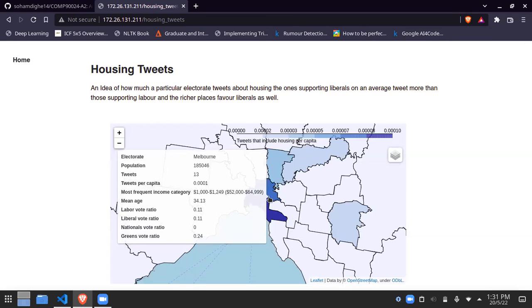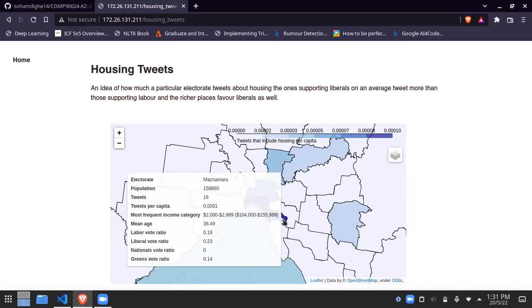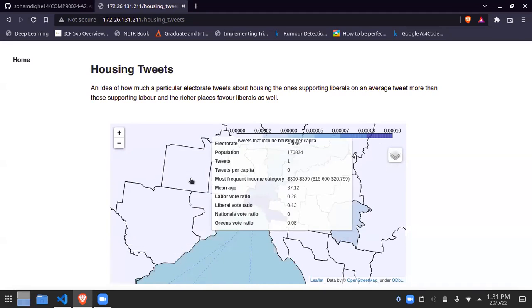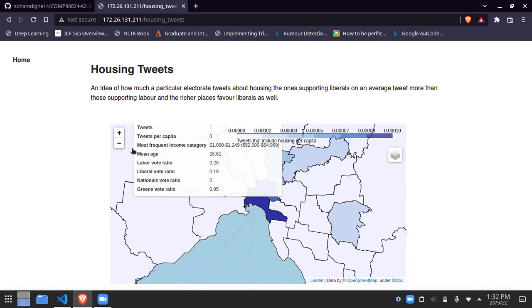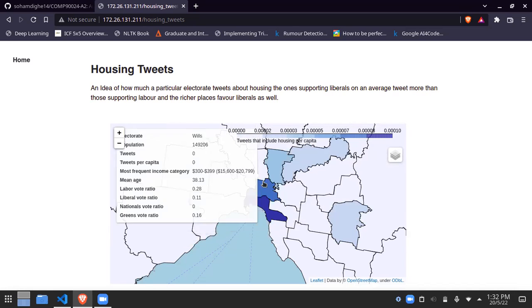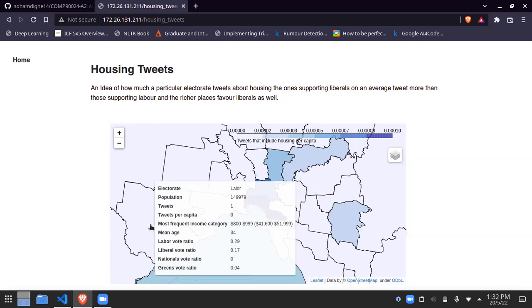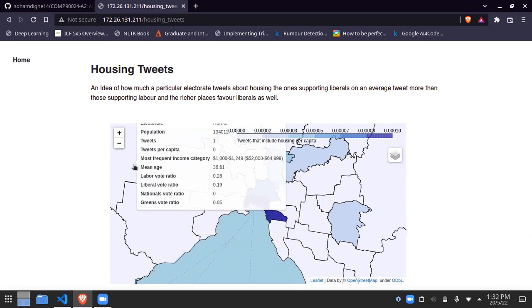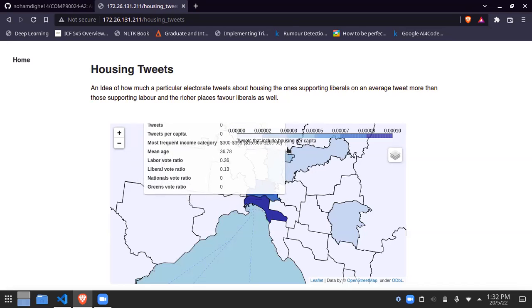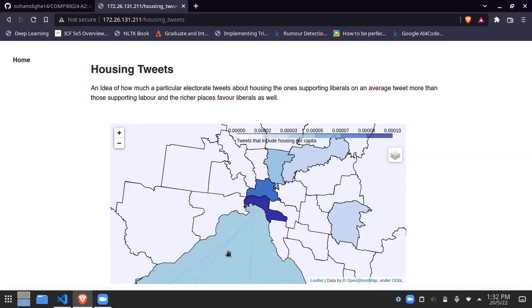As we can see, the places with higher income tend to support Liberals, while places with a lower income tend to support Labor more. The mean age is almost the same, but the Greens vote ratio decreases as we go out from the city. And these are the number of tweets that include housing per capita.